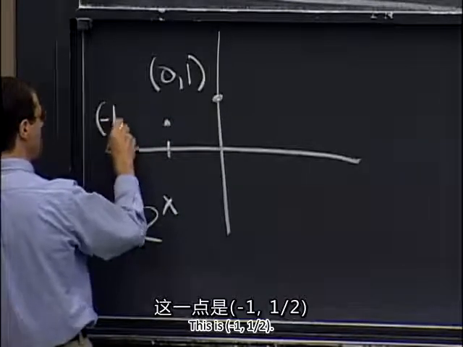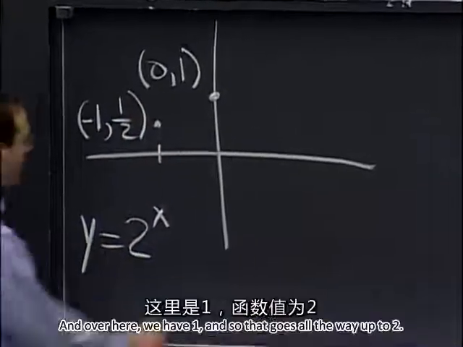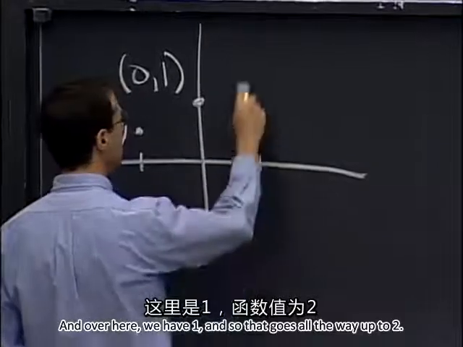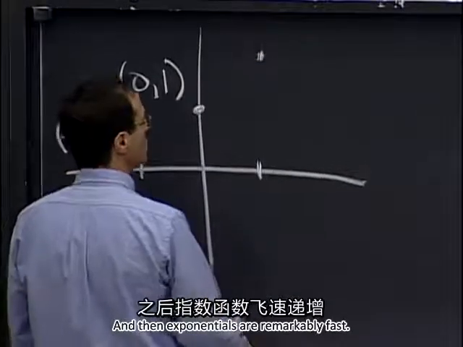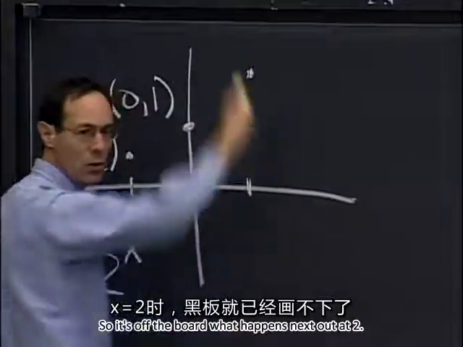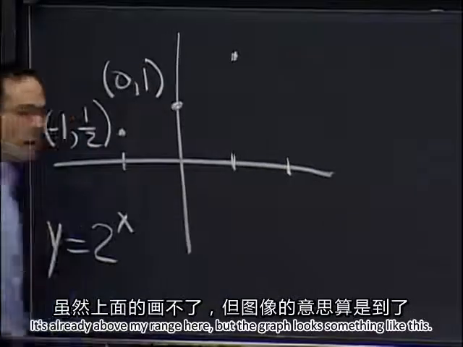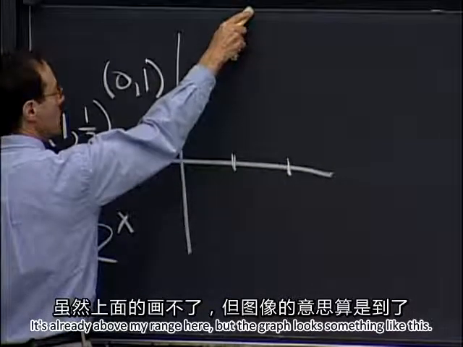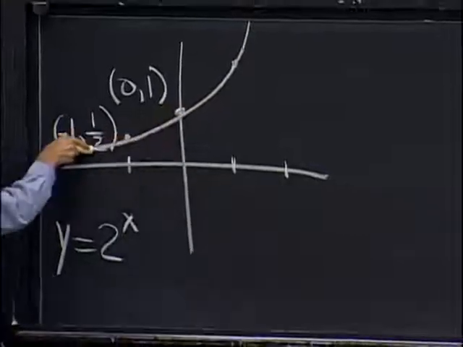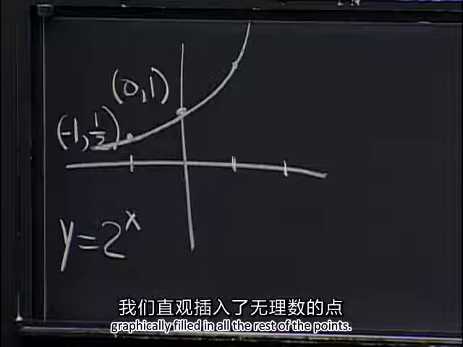This is minus 1, 1/2, the reciprocal. And over here we have 1. And so that goes all the way up to 2. And then exponentials are remarkably fast, so it's off the board. What happens next? Out at 2, it's already above my range here, but the graph looks something like this. All right? Now I've just visually, at least, and graphically filled in all the rest of the points.